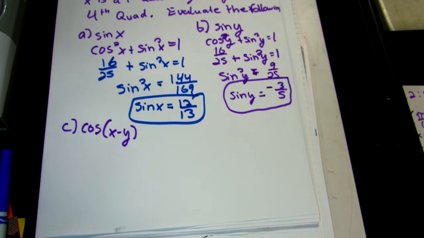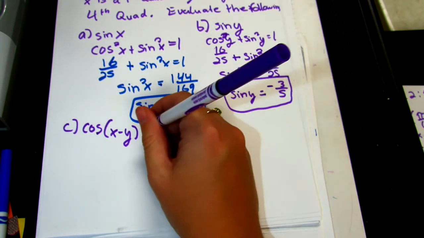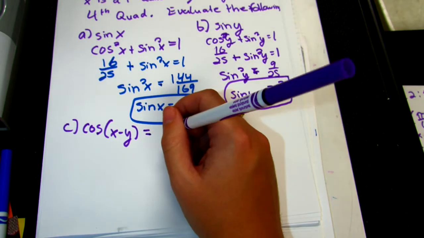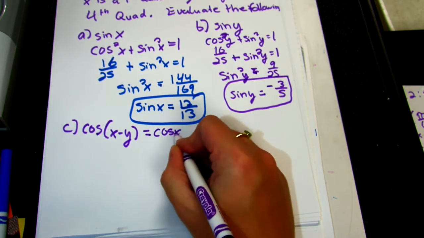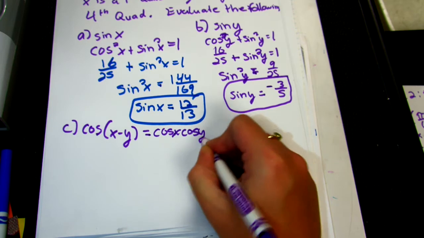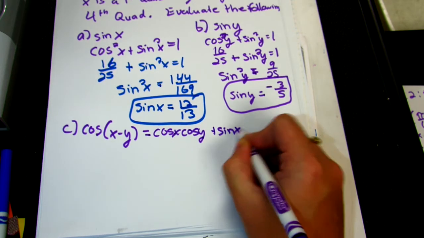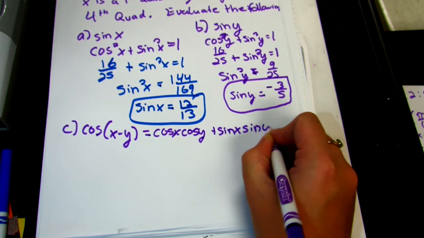The difference formula for cosine of x minus y is equal to cosine x, cosine y, plus sine x times sine y.